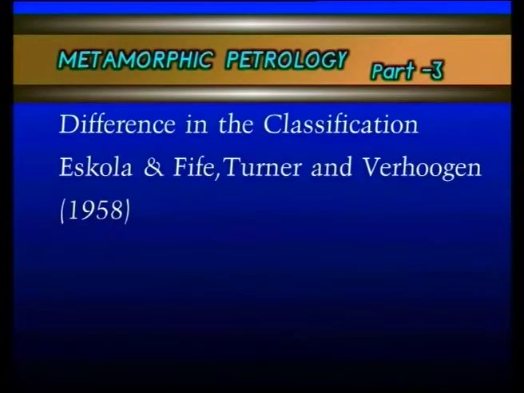If we compare both the classifications, particularly the classification given by Eskola as well as the classification given by Fyfe, Turner and Verhoogen 1958, let us see what are the differences in these two classifications.